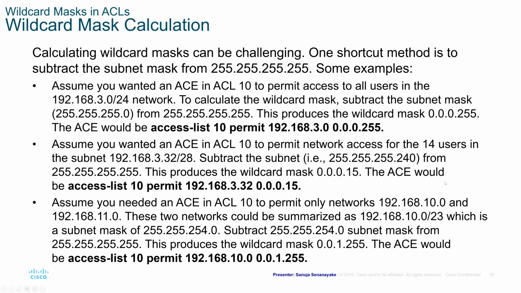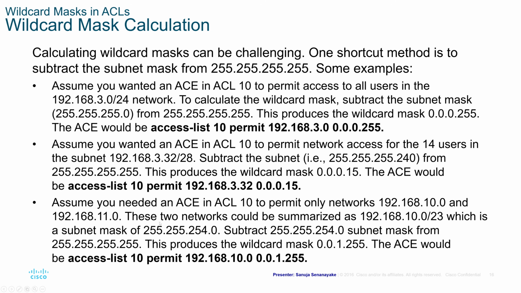So now the ACE would be access-list 10 permit 192.168.3.32. That is a network. Because we subtract the subnet mask from 255.255.255.255, that gave us 0.0.0.15, and that would be the calculated wildcard mask.